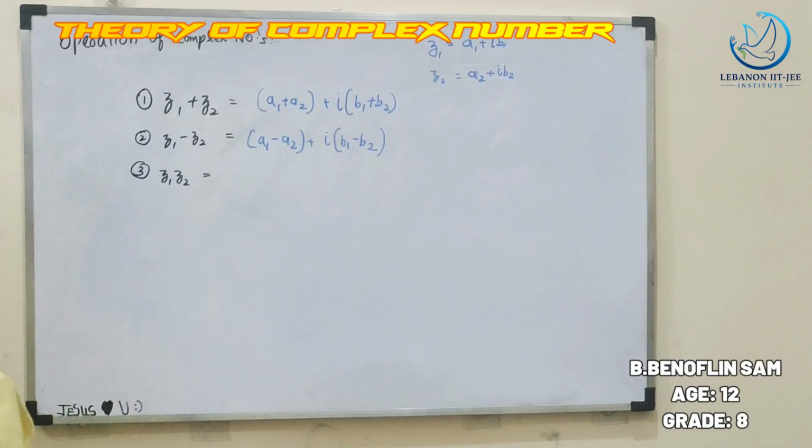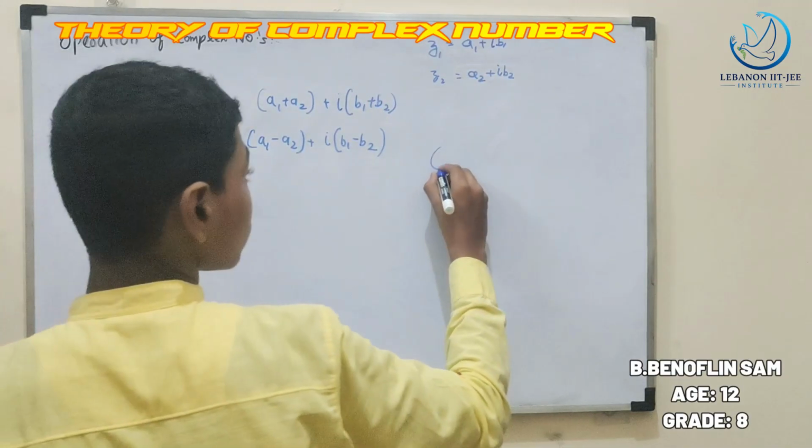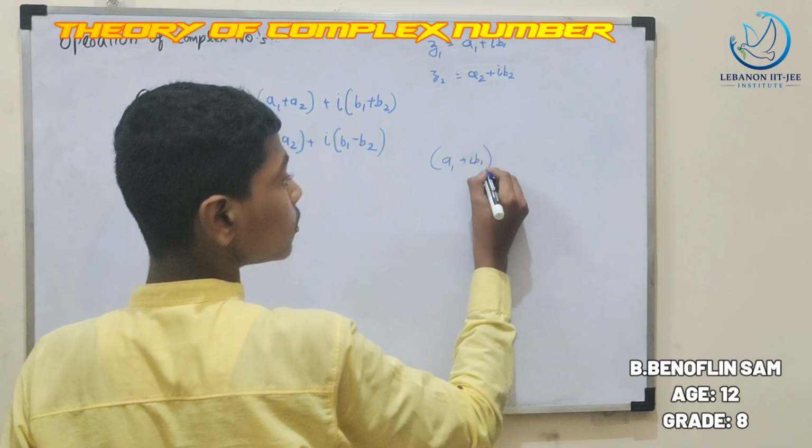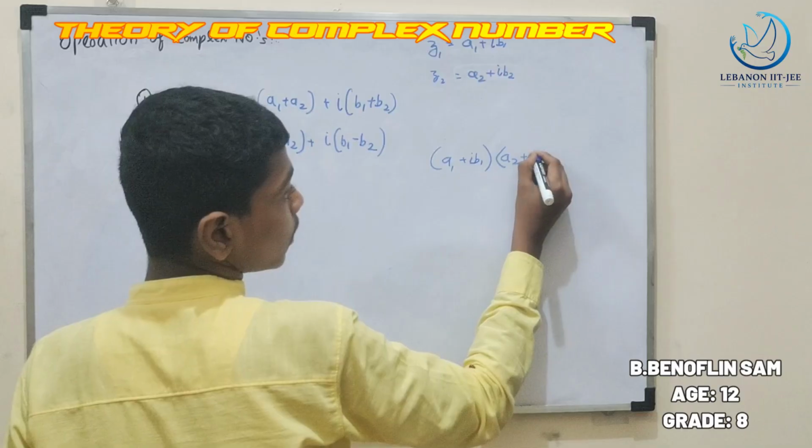The third one is z1 into z2, which is a1 plus iota b1 into a2 plus iota b2.